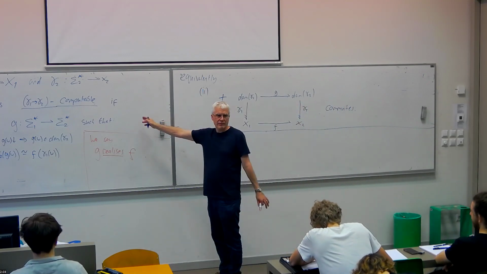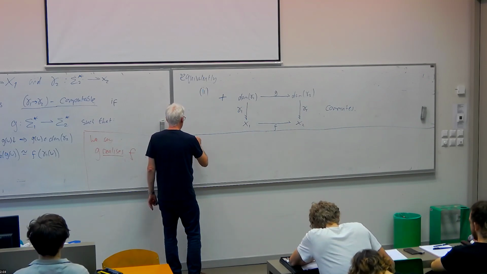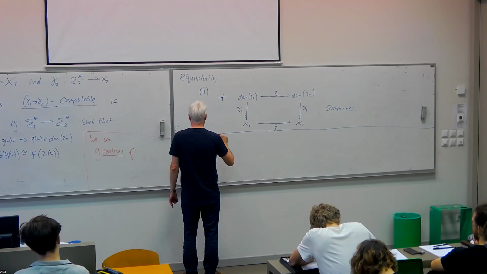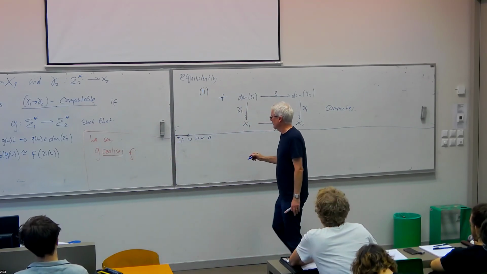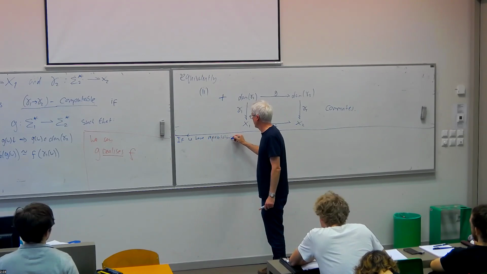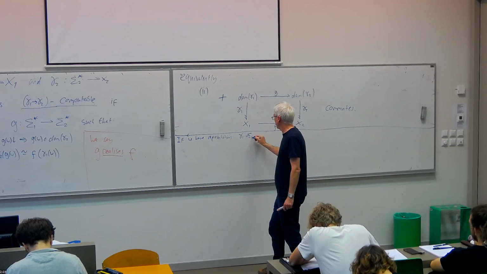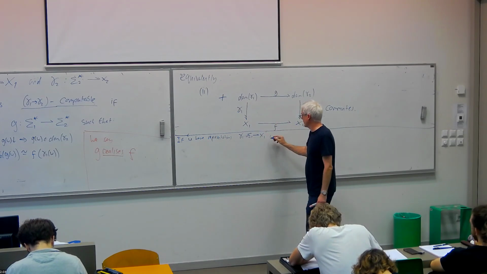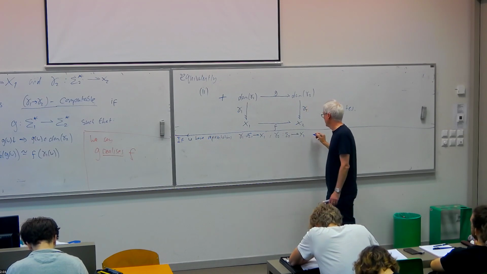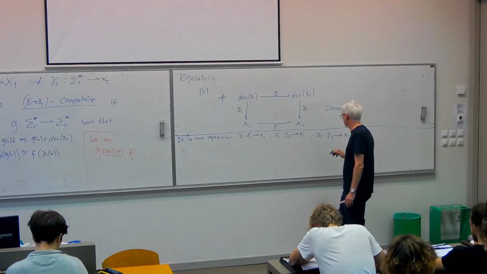But it's very easy from the definition to verify the following. We have three represented sets: gamma 1 from sigma 1 to X1, gamma 2 from sigma 2 to X2, and gamma 3 from sigma 3 to X3.